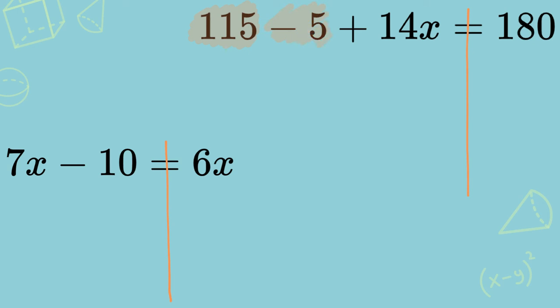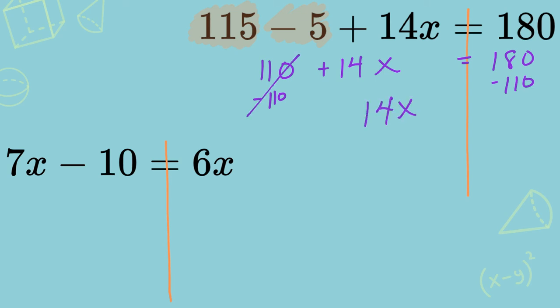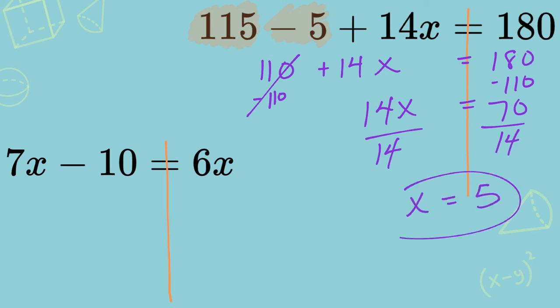That's going to then give me 110 plus 14x equals 180. I will subtract 110 on both sides. This is my two-step equation. So I get 14x equals 70. When I divide both sides by 14, I get that x equals 5.